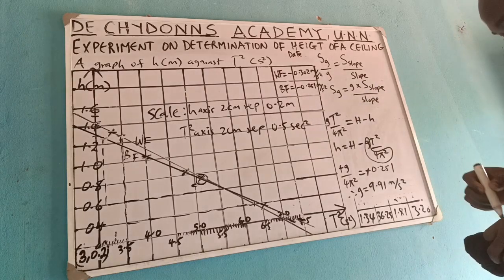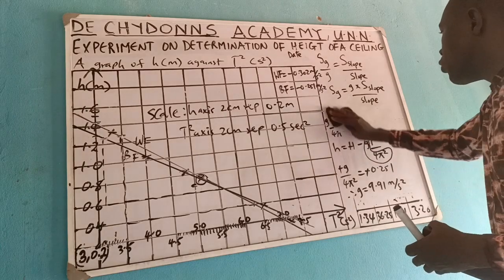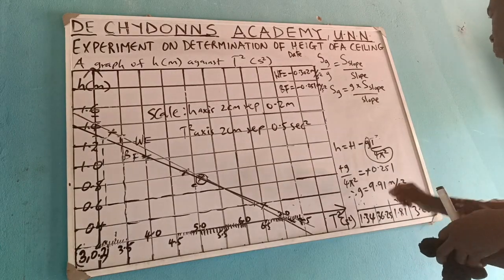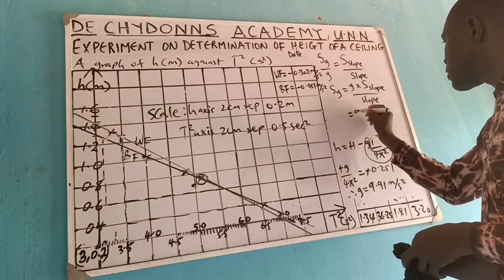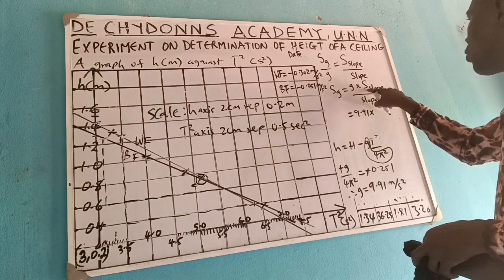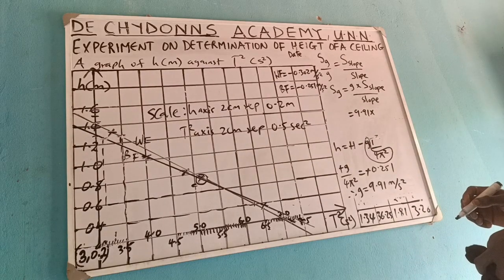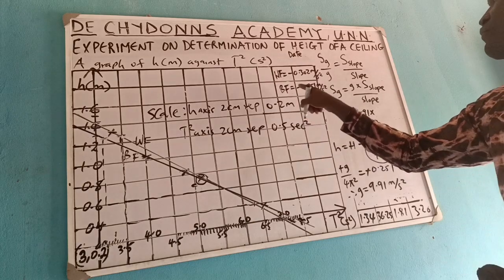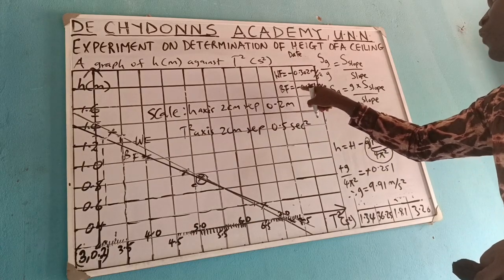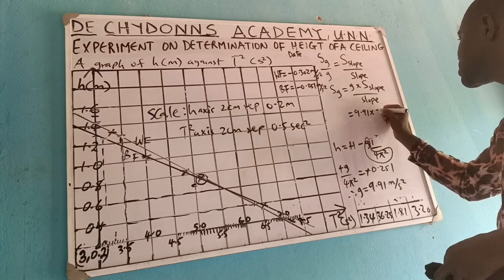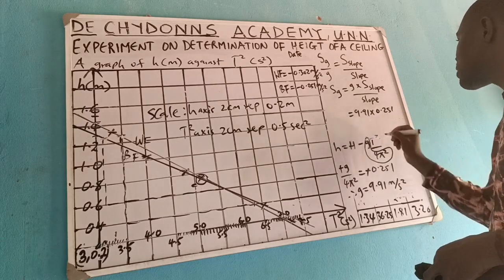Are you getting it? What is our g? We have our g equal to 9.91 times, what is the standard error in slope? Our slope gave us this, so we forget about that minus and write 0.251.